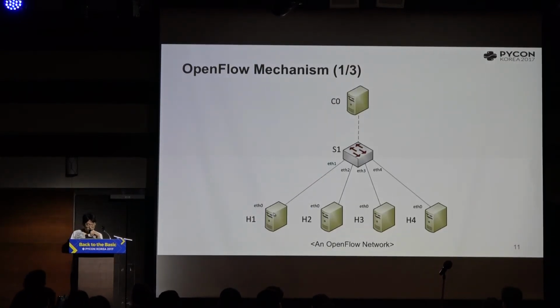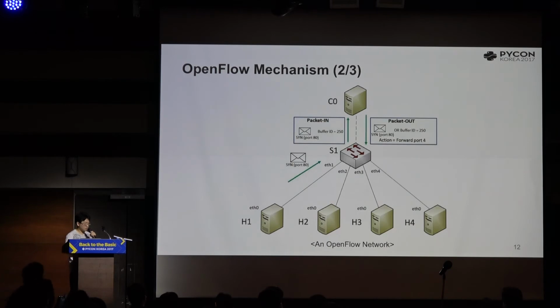This is how OpenFlow works. This topology shows 4 hosts and an OpenFlow switch, and the OpenFlow switch is connected to the controller. H1 wants to talk to H4. When H1 sends a first packet, the switch looks for a match in its flow entries. If it doesn't have any match, it sends the packet to the controller.